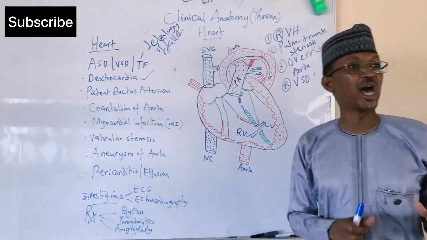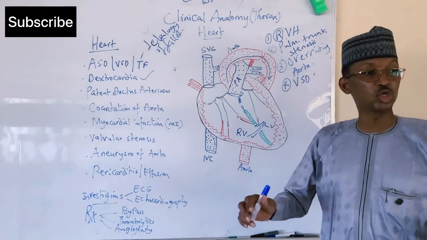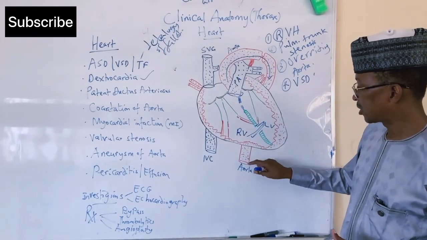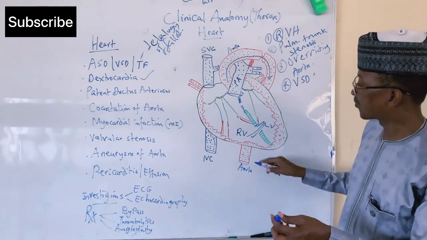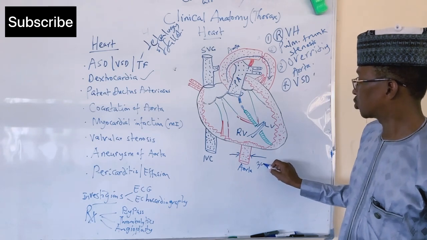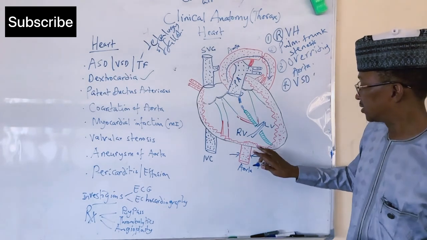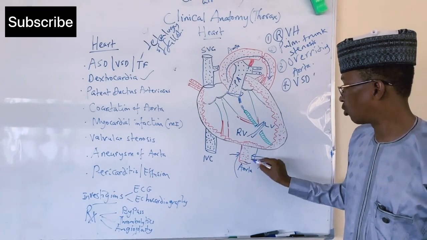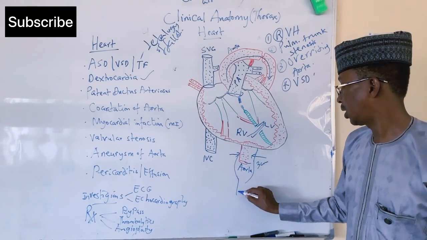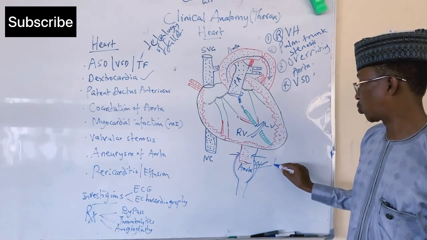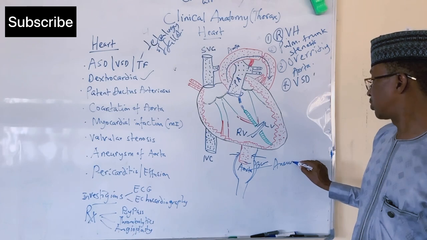Again, you may have what we call aortic aneurysm. When you hear this word aneurysm, we're talking about dilatation of the aorta. So if the diameter of the aorta here is maybe 3 centimeters, in aneurysm of the aorta this diameter may increase. So it may balloon out. There will be ballooning of the aorta. This is what we call aneurysm of the aorta.